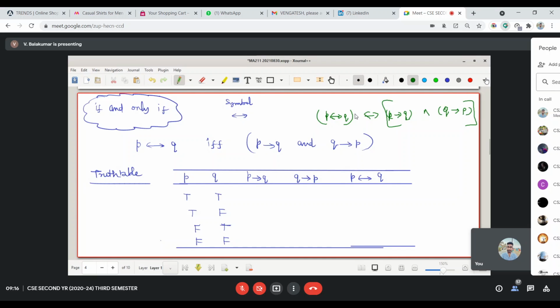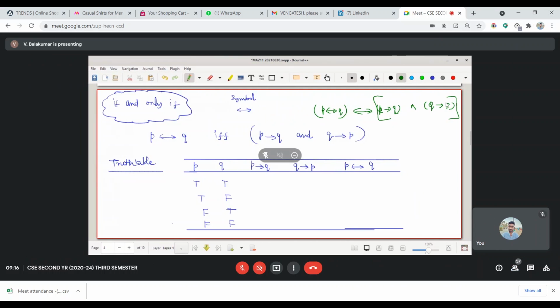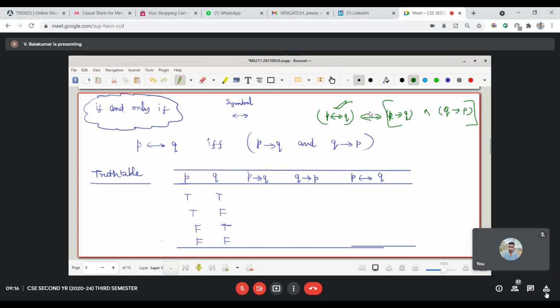Actually, now only I am defining, so I will not use this implication again in this place. If I write like this, we are defining this double implication, so I am defining it using the truth table.